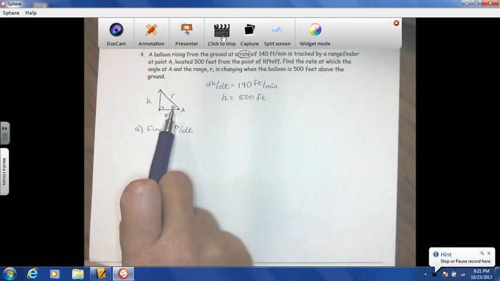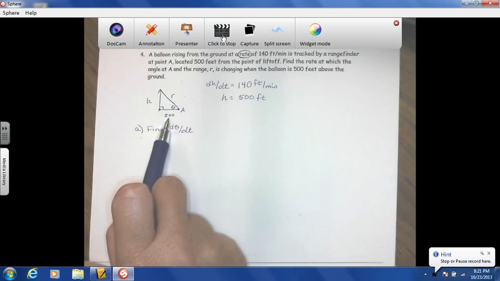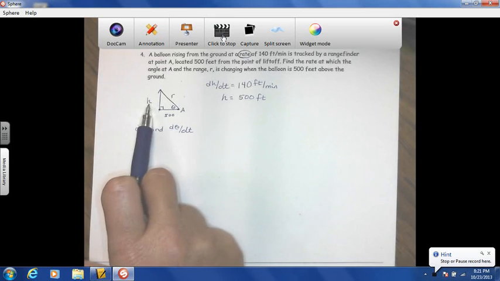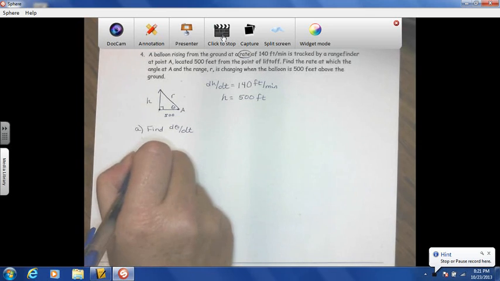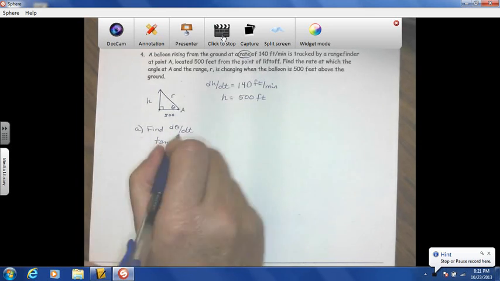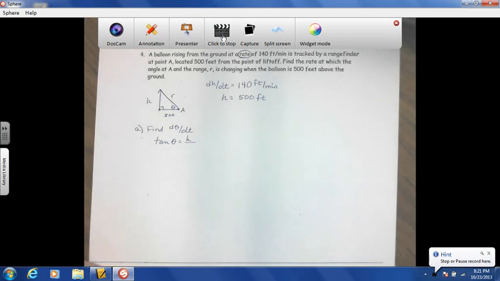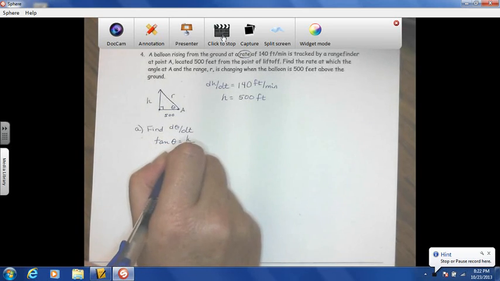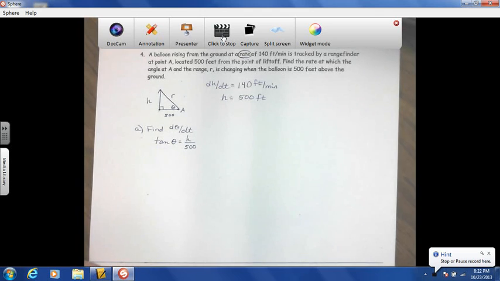So I'm going to set up a formula that relates theta with its opposite and adjacent side. Opposite and adjacent side is a tangent relationship. So I'm going to say that the tangent of theta is the opposite side, which is h, over the adjacent side, 500.